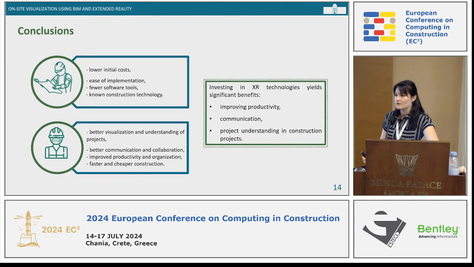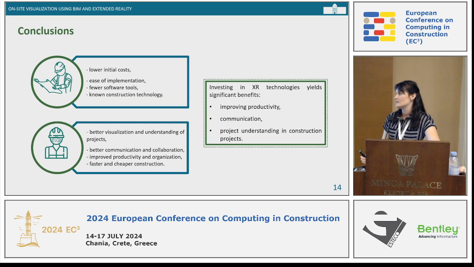So if we want to compare the traditional and the advanced approach, the traditional has lower initial costs. The technology is very well known. It has fewer software tools, and it is easier to implement on a construction site.